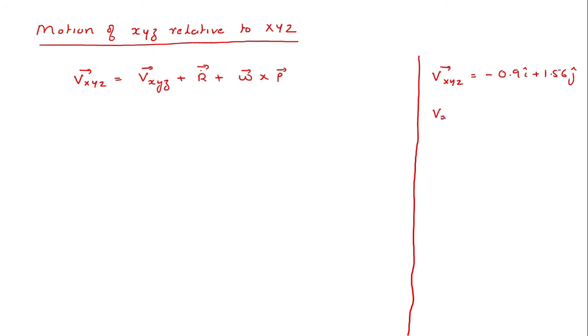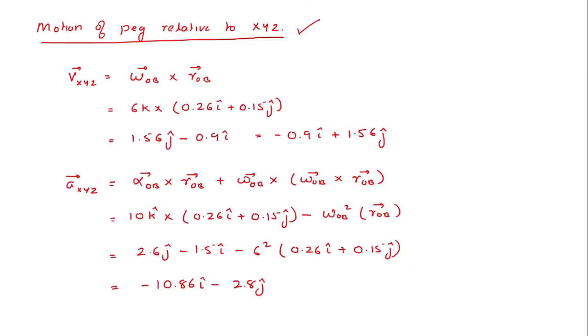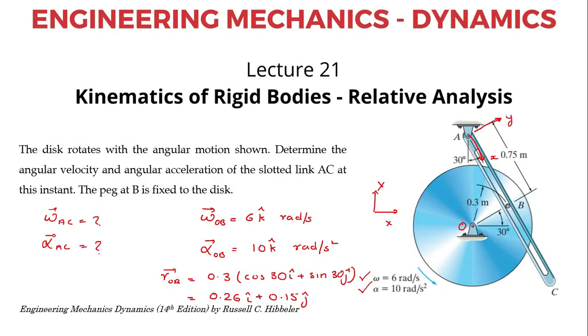Now V with respect to small xyz: the small xyz frame here is embedded within the link AC. So with respect to the small xyz, this peg has a velocity along the link, either towards the right or towards the left.